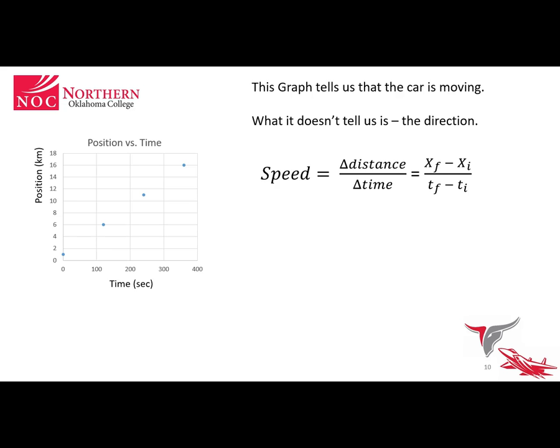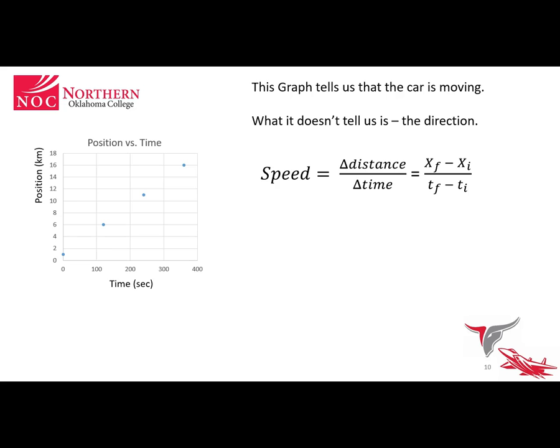But I want you to look at that because we've seen that change on my graph. We see that change in position. That's my change in y, right? And then on the bottom, we see time. That's my change in x. And we know that the slope is the rise over the run, or the change in y over the change in x.